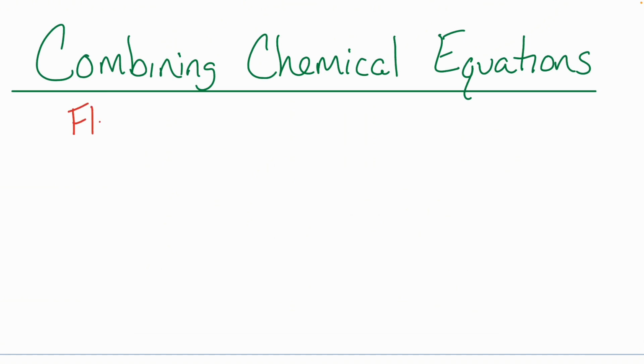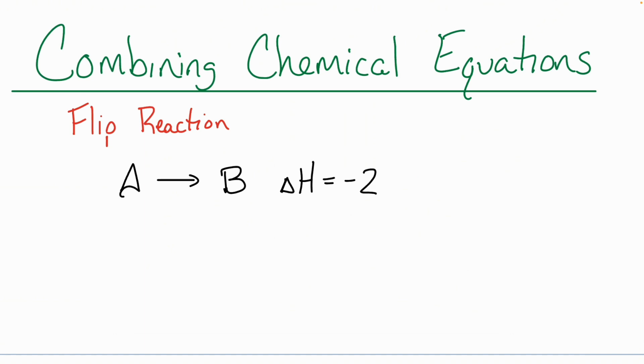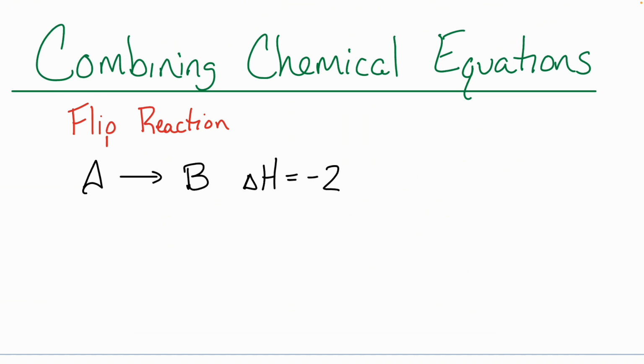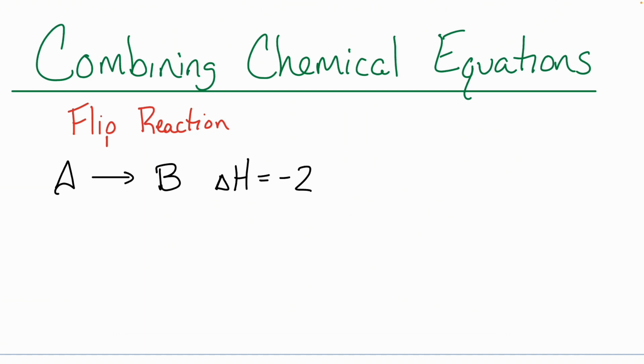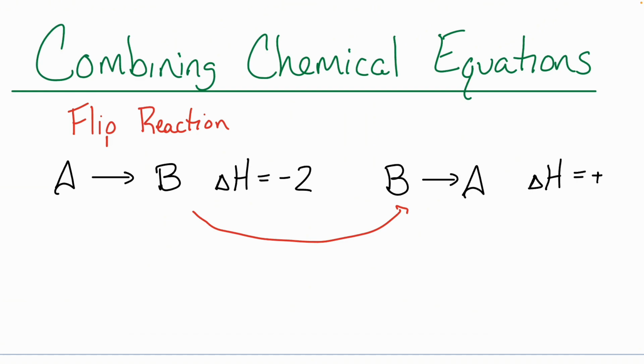We can flip our reaction. Right? So if A to B has a delta H of negative 2, then when I flip, B goes to A, and this would have a delta H of positive 2.